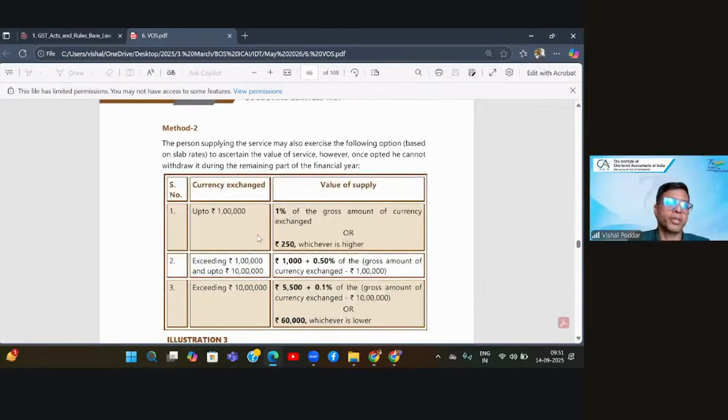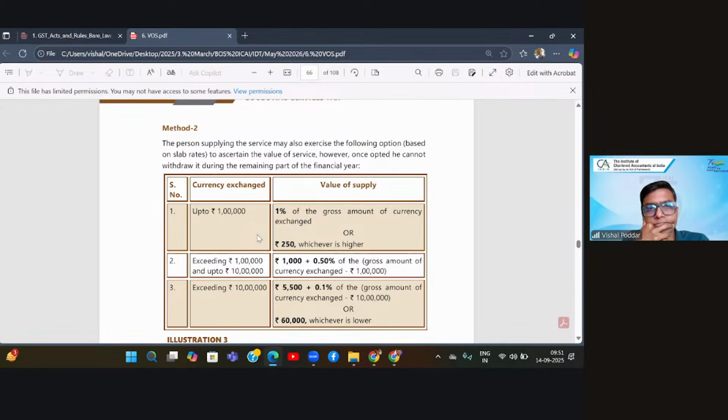Now there is another method given for the same scenario. Please read. Method 2. The person supplying the service may also exercise the following option based on slab rates to ascertain the value of service. However, once opted, he cannot withdraw it during the remaining part of the financial year. Following are the slab rates.